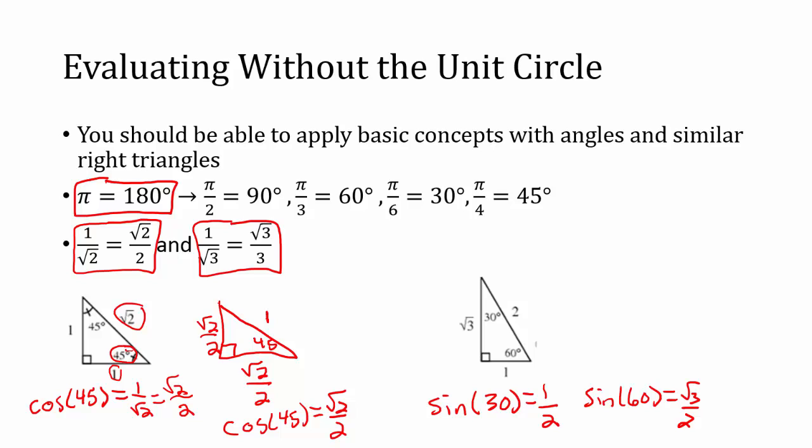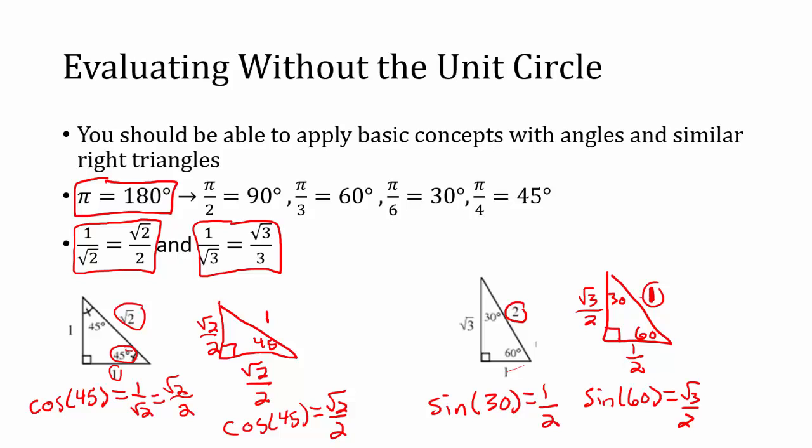Now, let's say I wanted to draw a different 30, 60, 90 triangle, and I wanted my hypotenuse to be 1. So if this hypotenuse was 2, and I want the hypotenuse to be 1 here, that means I'm dividing all of my sides by 2. So I would divide this leg by 2, and divide this leg by 2.